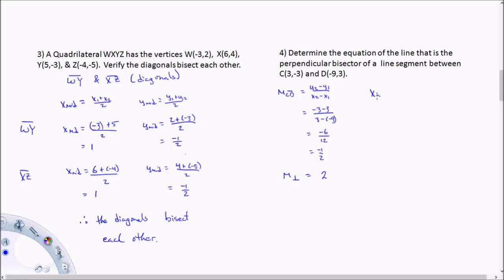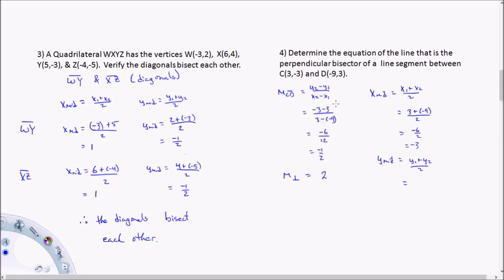So let's find the x midpoint first, which again we know the formula to. The midpoint of CD, the x-coordinate anyway, would be located at 3 plus negative 9 over 2, which is 3 minus 9, negative 6 over 2, which is equal to negative 3. The y midpoint is located at y1 plus y2 over 2.